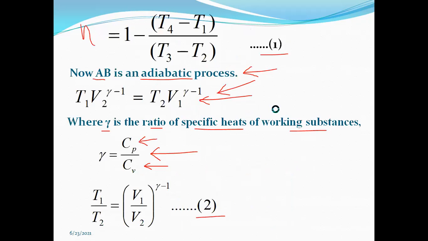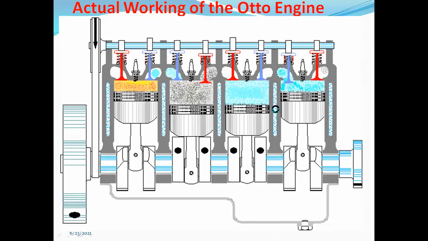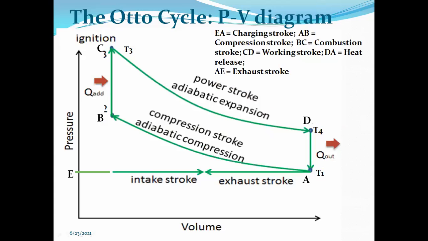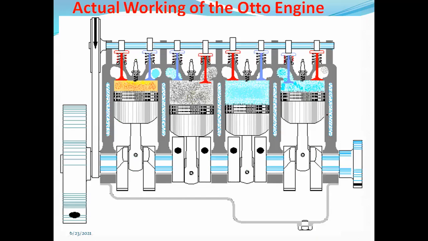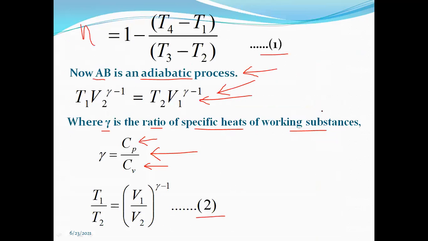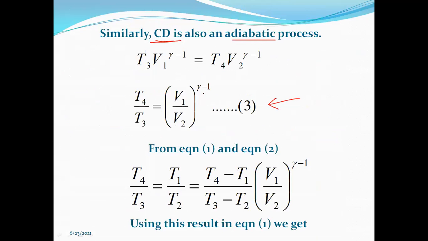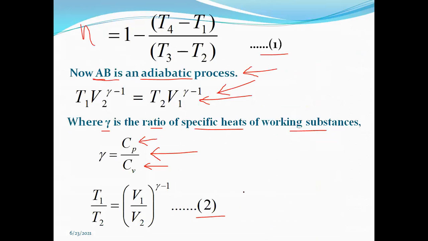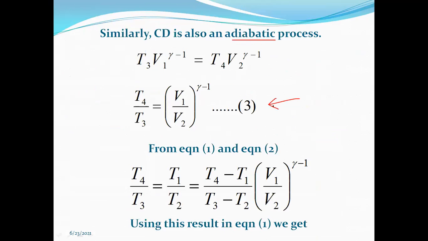Just move on to the earlier slide, the indicator diagram of the Otto engine. Here AB is the adiabatic compression process, and this is CD. According to this diagram we calculated the adiabatic relations for AB and for CD, and got equations 2 and 3.